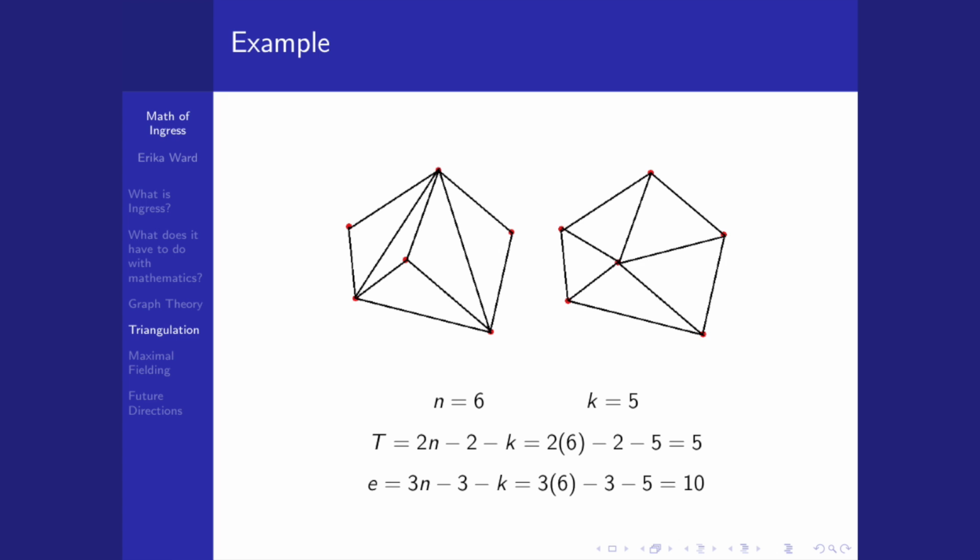Any way you triangulate this thing, you end up with 5 triangles. We look at the edges, 3 times n, so 3 times 6, minus 3, minus k, so minus 5, is always going to be 10. Any way you triangulate this thing, it's going to take 10 edges to do it.